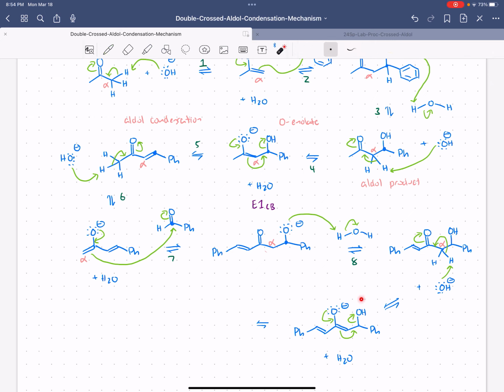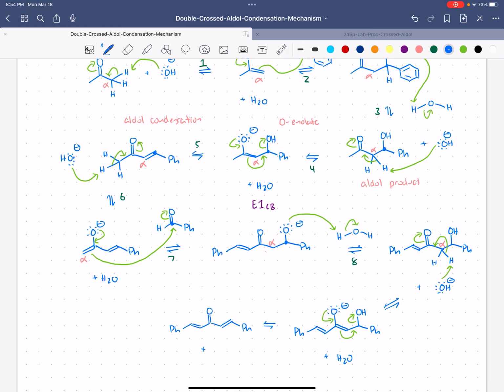These 3 arrows are the same as these 3 arrows. Do you see that? And then our final product is pretty conjugated. We have a bunch of double bond, single bond, etc. arrangement.